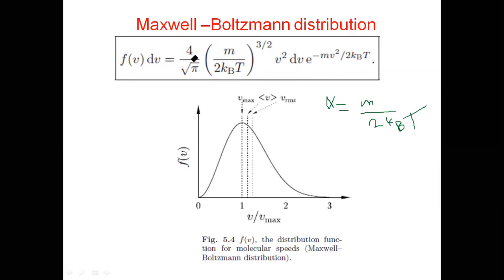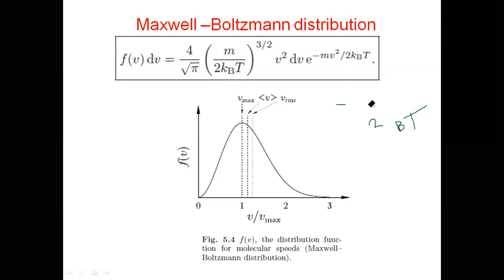So we have 4 over the square root of pi times alpha to the power 3 over 2 times v squared dv times e to the minus alpha v squared.